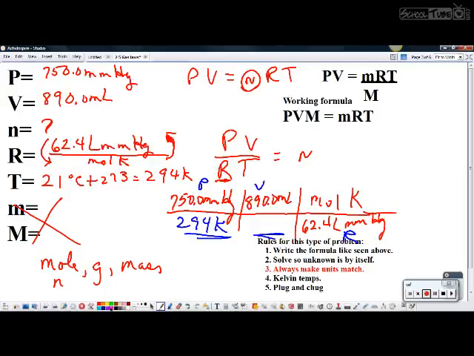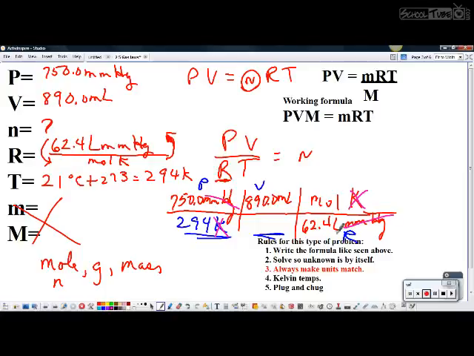Now let's double check. Let's do our canceling first. We're going to cancel our units. What happens to the millimeters of mercury? It cancels. What happens to the K? It cancels. What happens to the milliliter? It doesn't cancel.